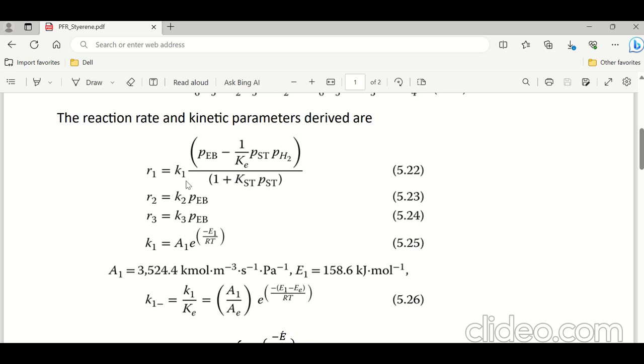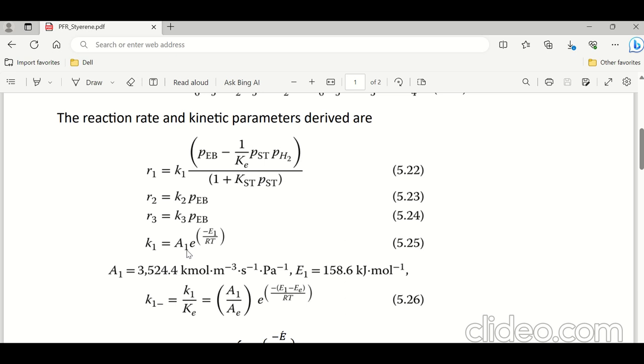Similarly, this K1 can be calculated using this expression, and when we multiply this K1 here, this will be K1 PEB and this will be K1 by KE. So we call this K1 by KE as K1 dash, and it can be calculated by putting the expression for K1 and the expression of KE.